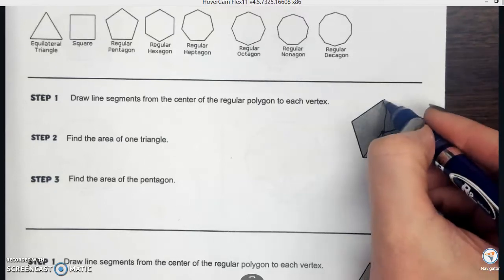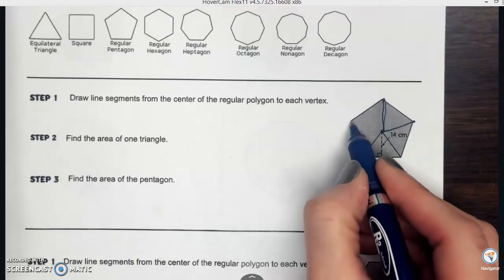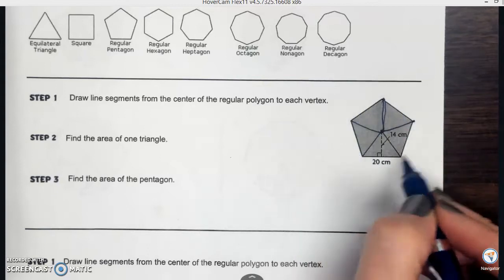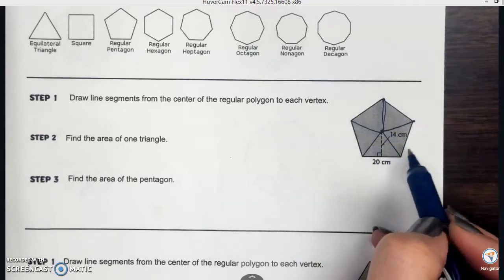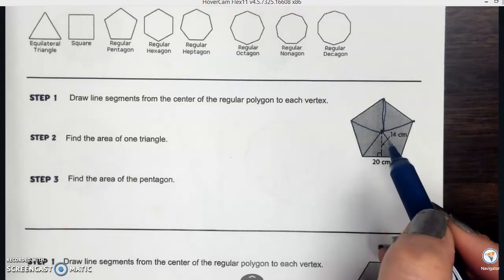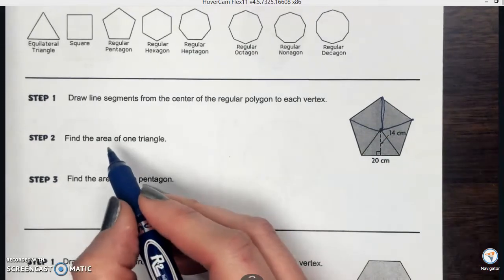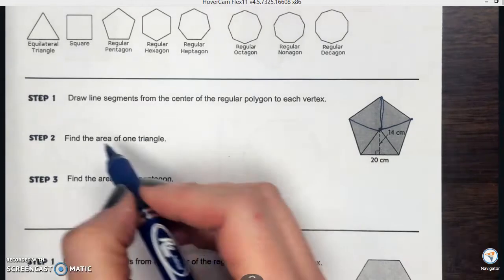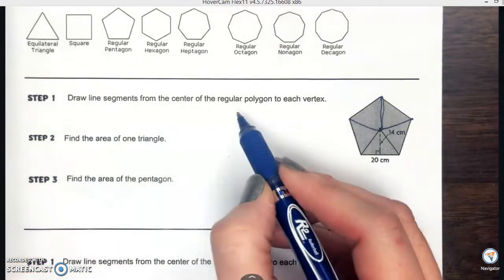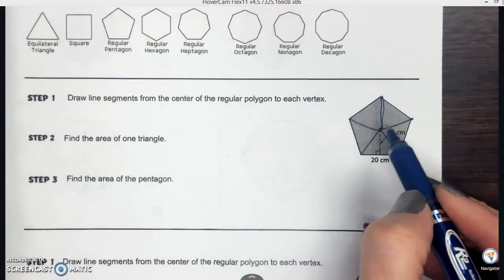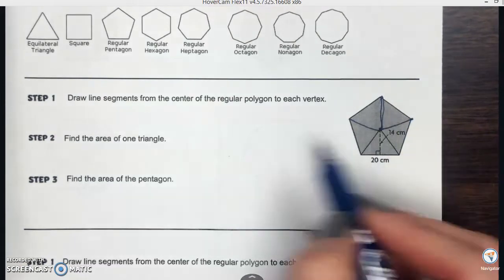That's not a very straight line, but there we go. Okay, so when we're looking at this, these triangles are all congruent. Same shape, same size. So for the second step, we've drawn the lines from the center of each regular polygon to the vertex.